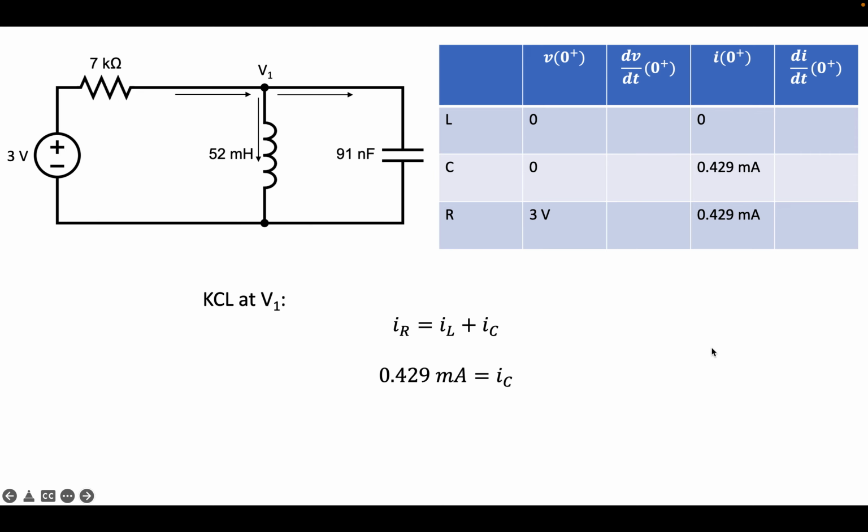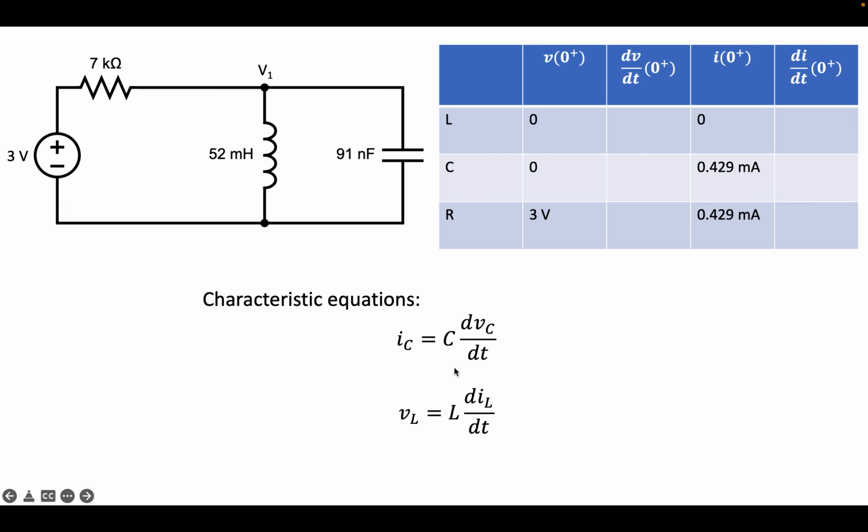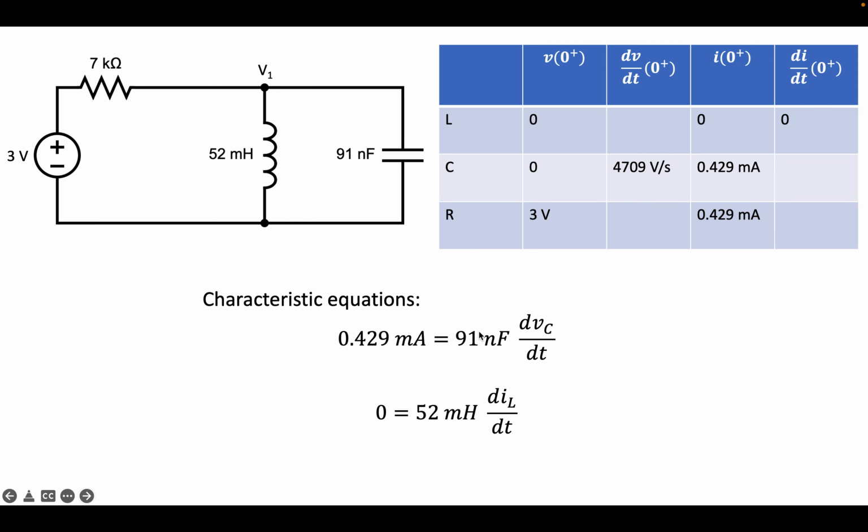We're halfway there. How are we going to find the derivatives? When you start doing the derivatives, always start with your characteristic equations, okay? Note that this is true only of IC, not IO. This is true only of VL, not necessarily VC. And you can do that math at home or whatever.